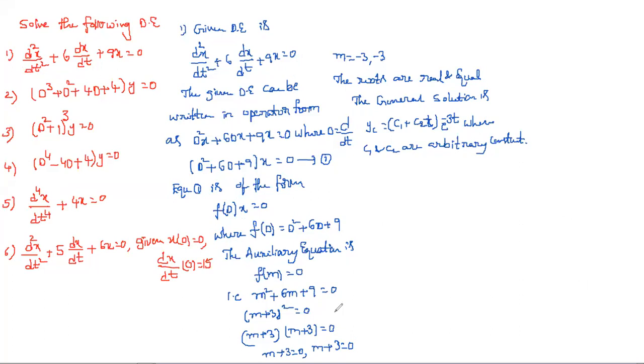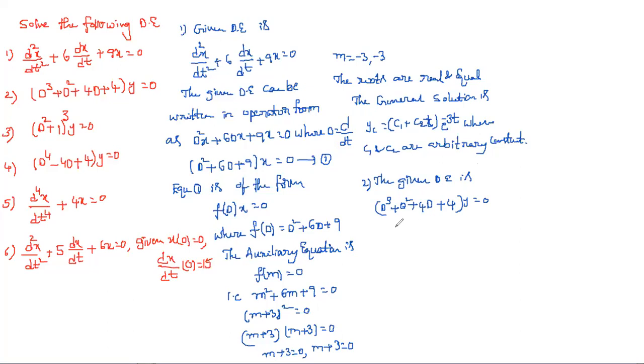Next, coming to the second problem. Solve the given differential equation: d cube plus d square plus 4d plus 4 into y is equal to 0. Is it necessary to write it in operator form?